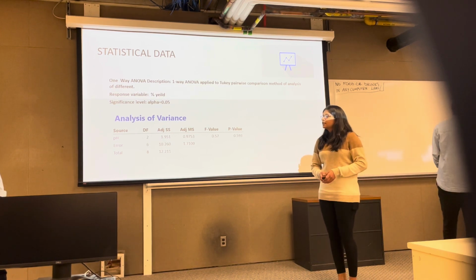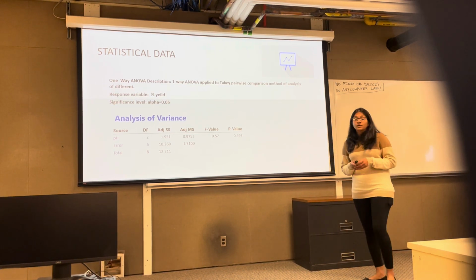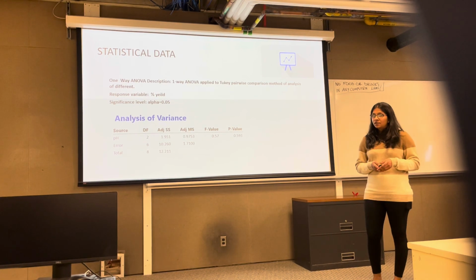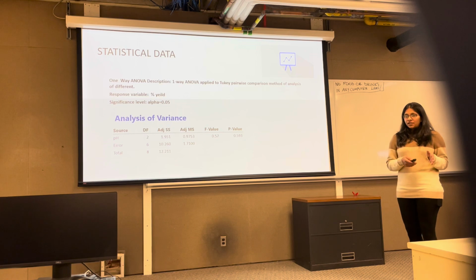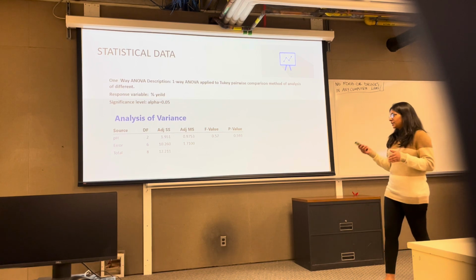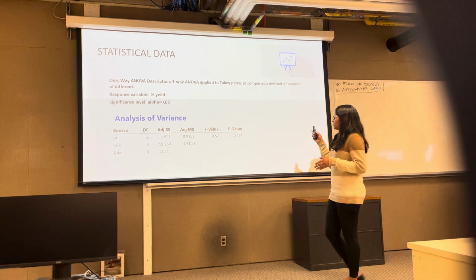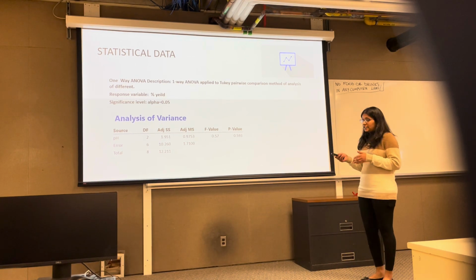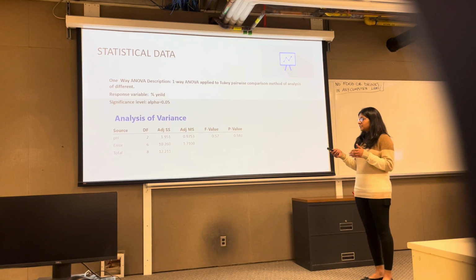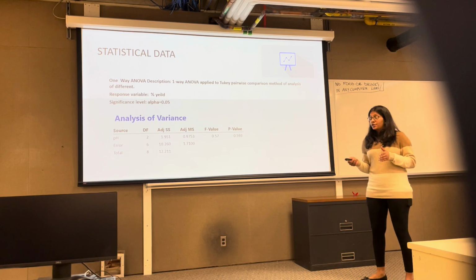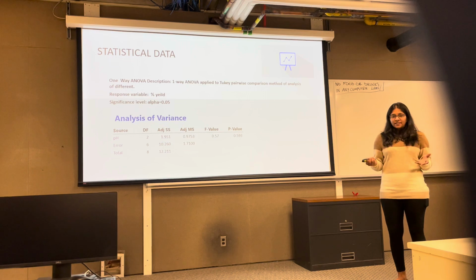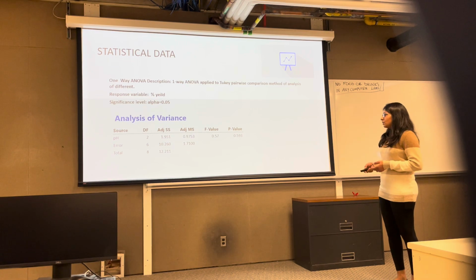For statistical data, we performed one-way ANOVA and the Tukey pairwise comparison method to compare three different pH with our duplicates and triplicates. And here we got a P value of 0.593, that is greater than our significance level alpha 0.05. So we don't have any statistical difference between all of our pH.